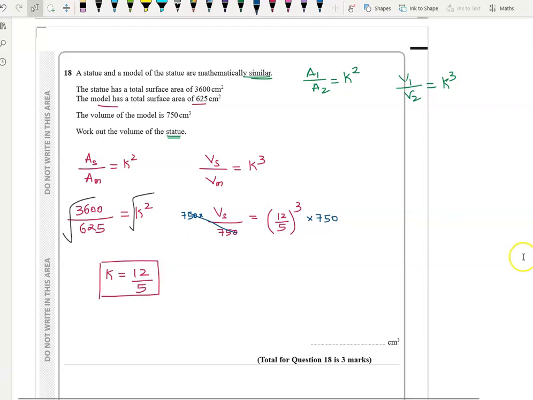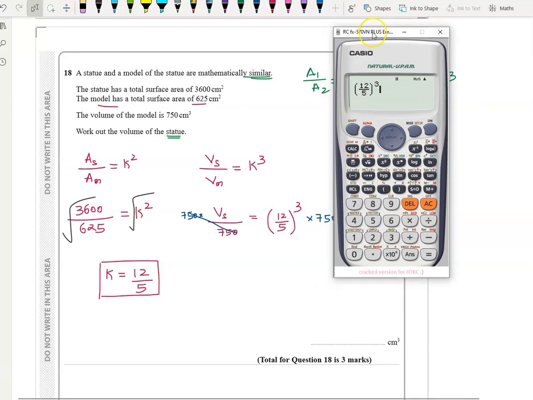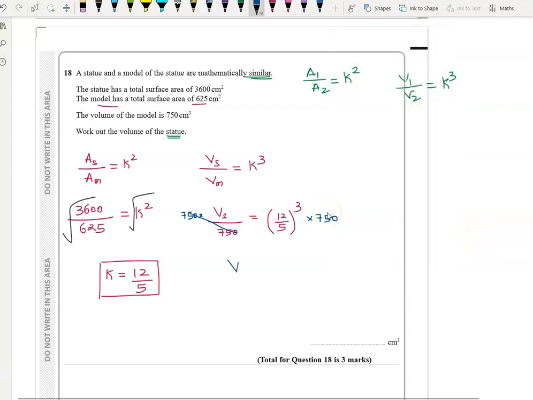Let's put this in the calculator: 12 by 5 whole cube times 750. So it is 10,368. So volume of the statue is 10,368 cubic centimeters. Okay, I'm moving to the next question.